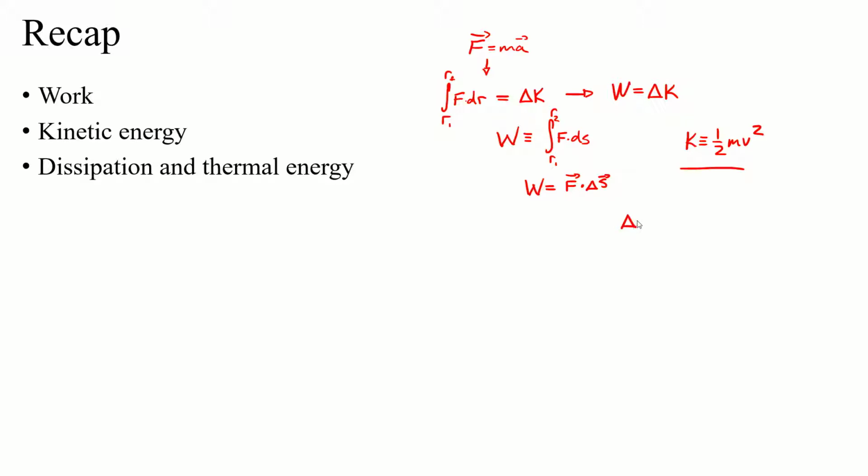And when you're looking at a situation where there is friction, we can calculate the increase in thermal energy as essentially the force of friction times the displacement, how far it's moved. This can be loosely thought of as the work done by that dissipative force, taking kinetic energy away and converting it into thermal energy.